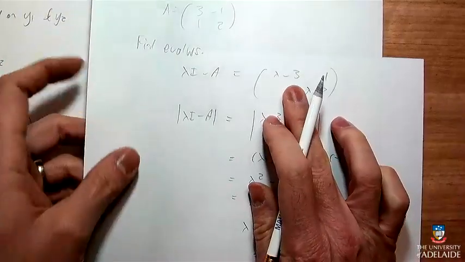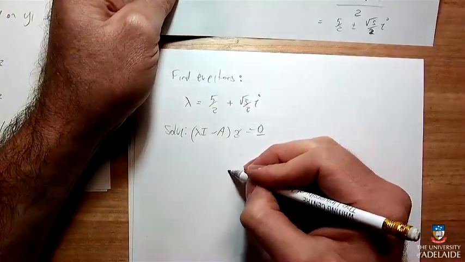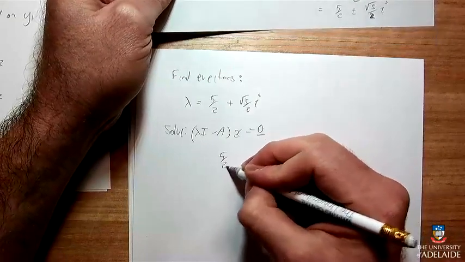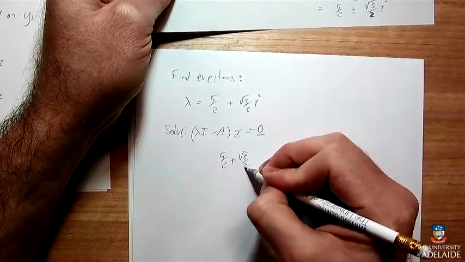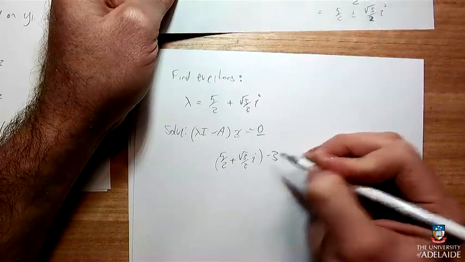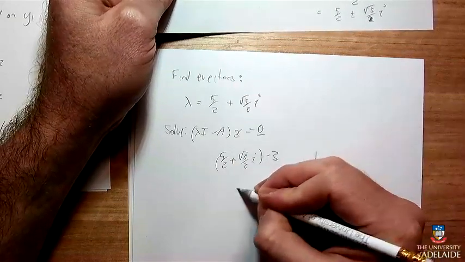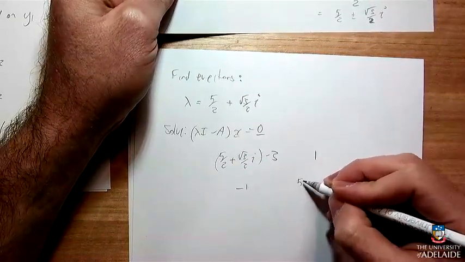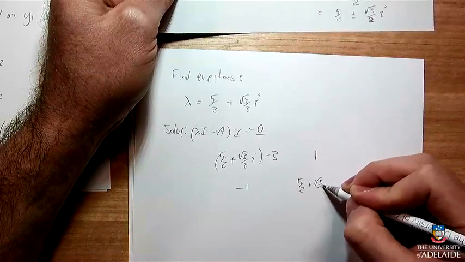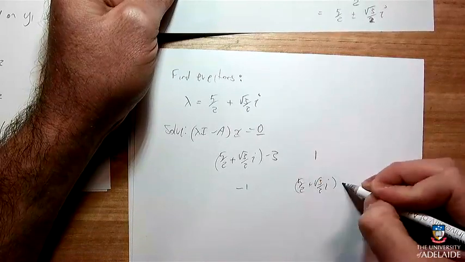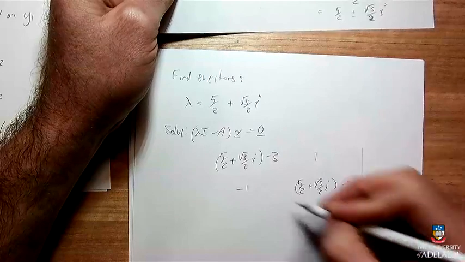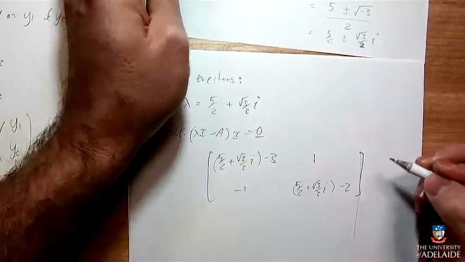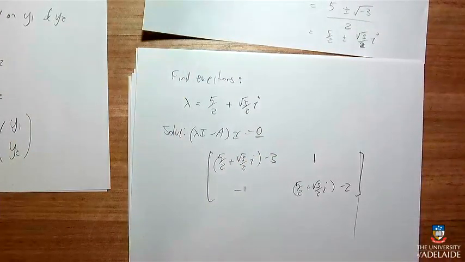And so I know that I had lambda minus 3, 1, minus 1 and lambda minus 2. Beautiful.